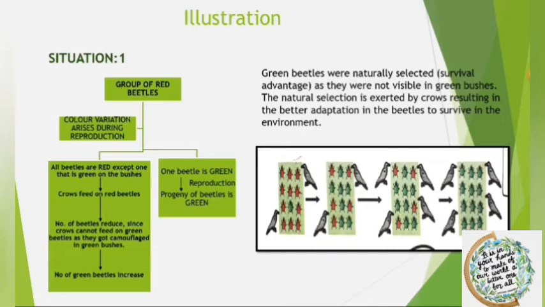This green beetle remains hidden in the leaves due to its color, and the crow would not be able to differentiate it from the leaves. The red beetles will be continuously picked up by the crows. And finally, the population of red beetles will decrease enormously, while the population of green beetles will increase.